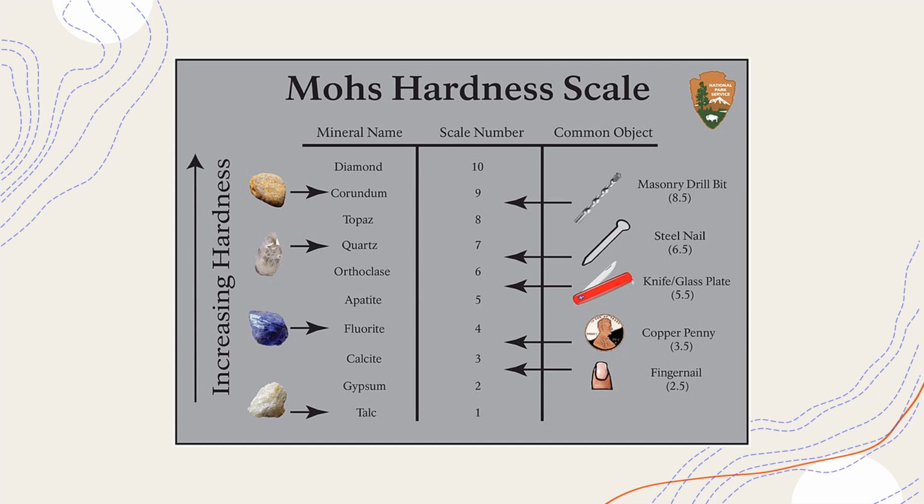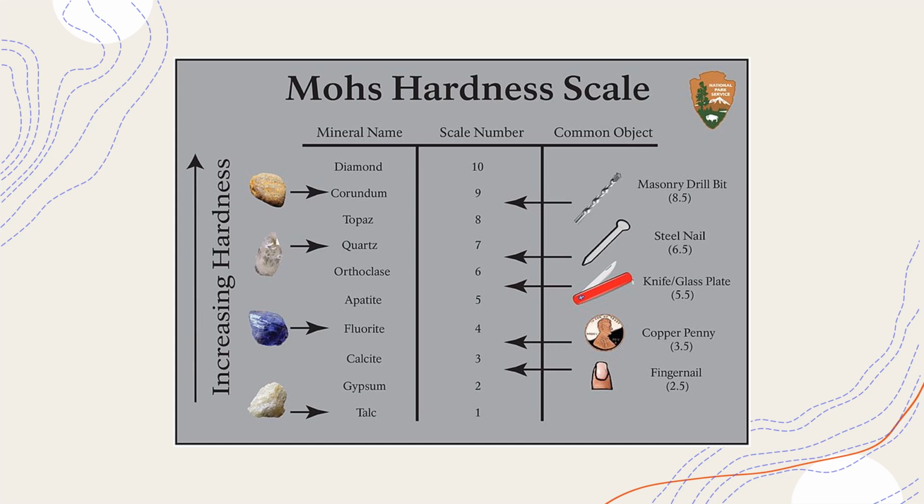Since the minerals of the Mohs scale are not always available, there is another way of identifying hardness. It is through the field hardness scale. This is done by using common tools or objects to rub or scratch against a mineral. As you can see here in the picture, if we follow the Mohs scale of hardness, diamond is the hardest mineral, which means that only diamond can scratch all the other minerals like corundum, topaz, quartz, and the rest.